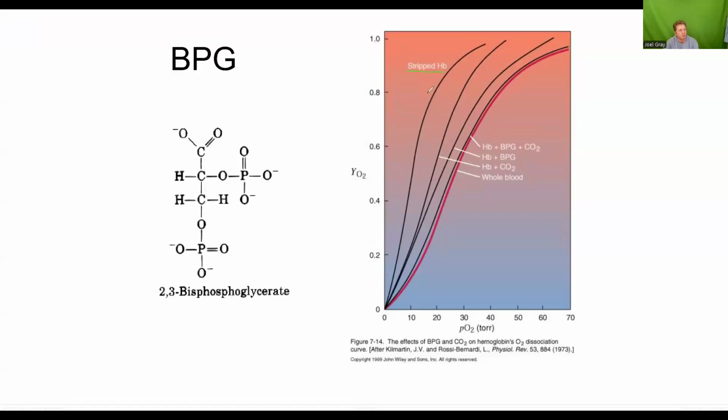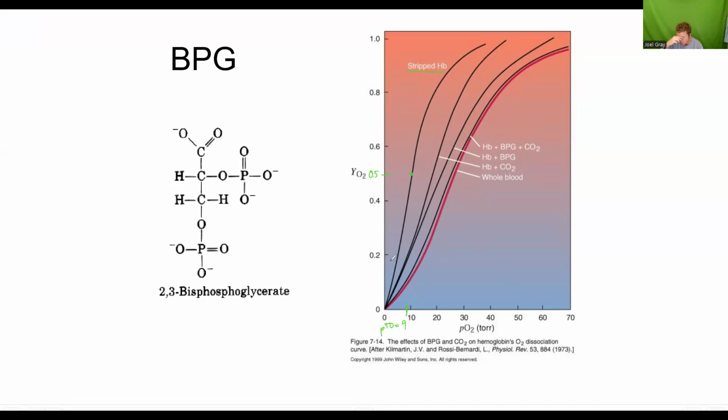This would be your stripped hemoglobin. Your P50 would be approximately, here's my 50% point, I'm going to call that roughly 9. So our P50 for our stripped hemoglobin is about 9 torr.